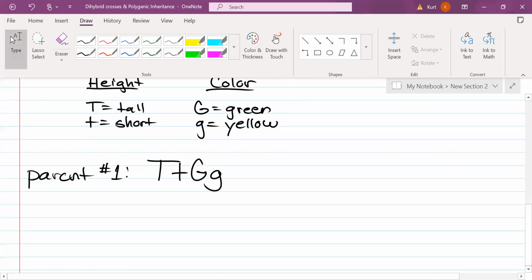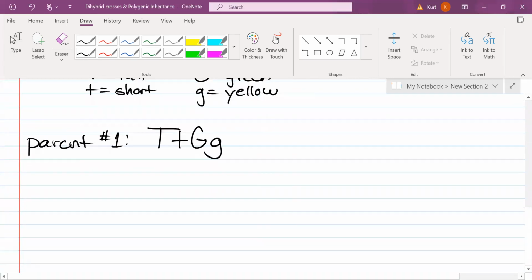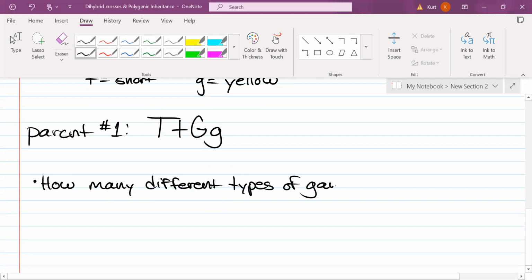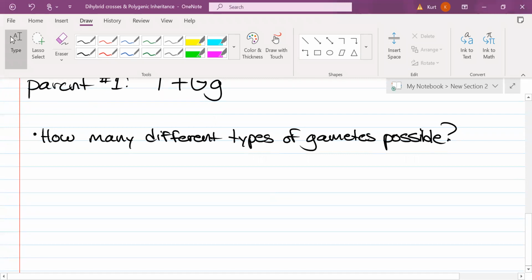And that gets me to my next point. How many different types of gametes could this individual produce? And that's actually a question on your mastering. There's 2 ways you can figure this out.